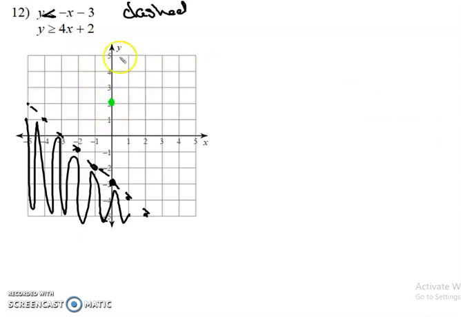+2, right? This one's a solid because it's got the equals to. I start at 2. My slope is up 4 over 1. Can't go that way. So down 4, backwards 1. And I've got this solid line. And then I ask myself, which side is bigger? Y is bigger.